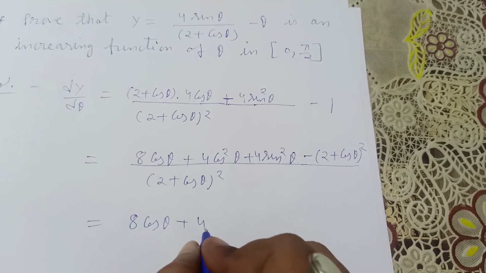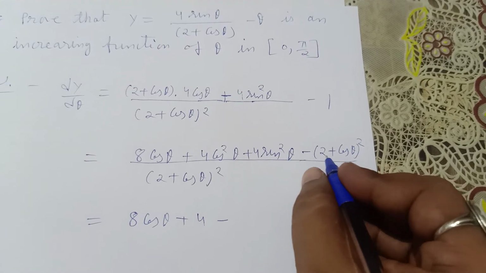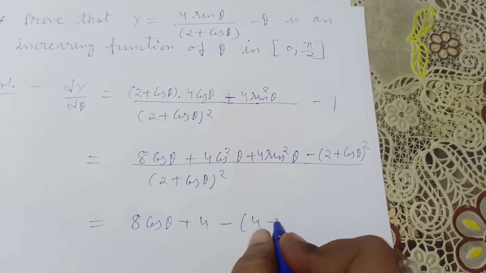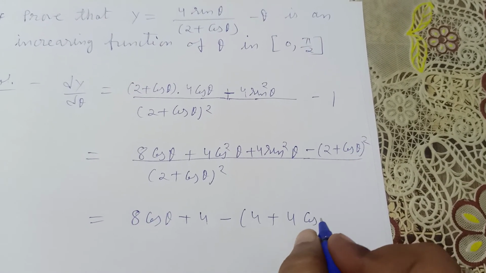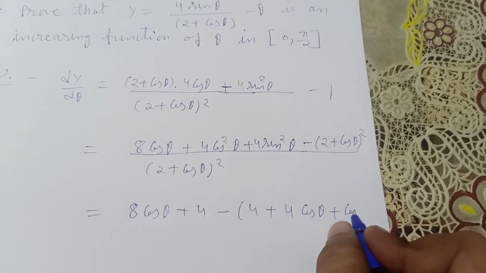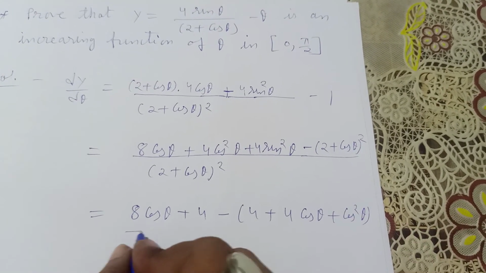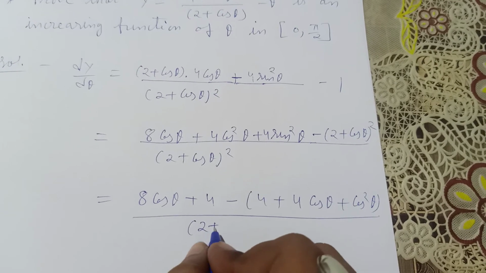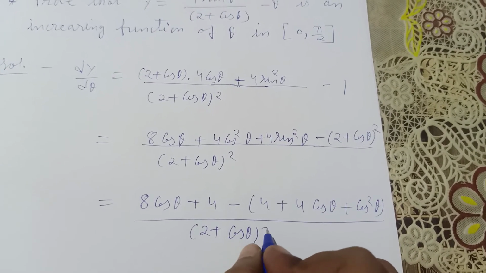It will reduce to 4. Then we have 4 plus 4 cos theta plus cos square theta upon 2 plus cos theta whole square.